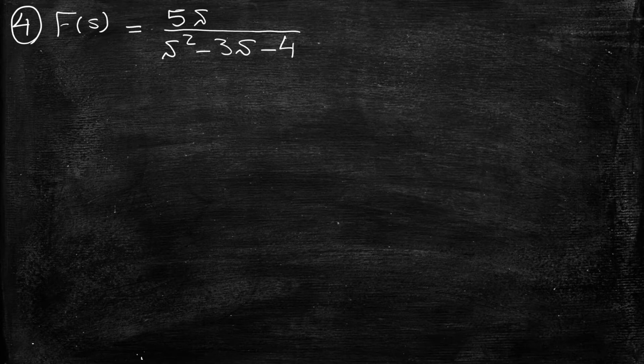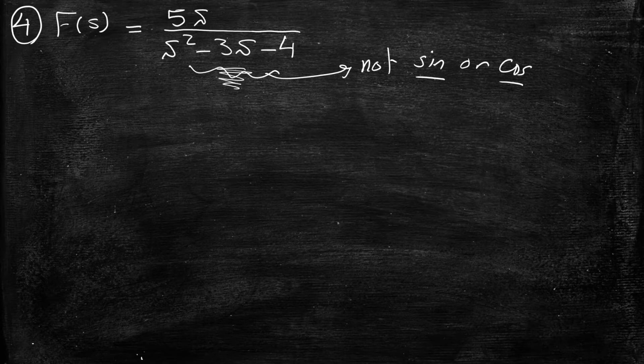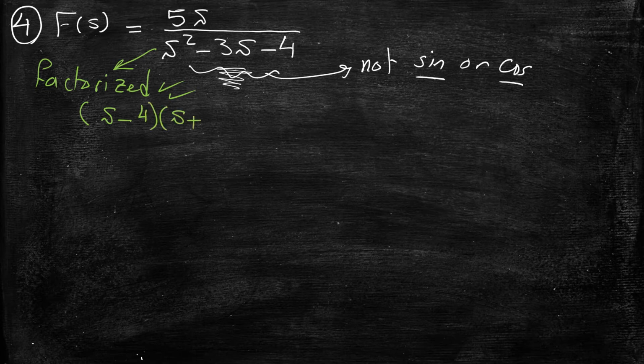Something special here. Right now this denominator is not sine or cosine. We have s squared and a number, and we have this 3s. So we need to see whether this can be factorized or not. That is the right question right now. This can be factorized, yes. It is nothing but (s minus 4) times another bracket (s plus 1).